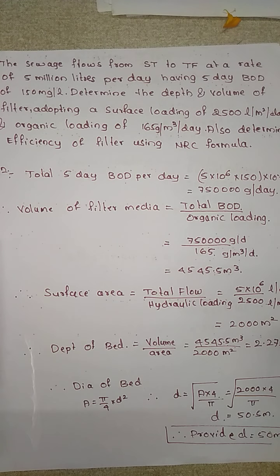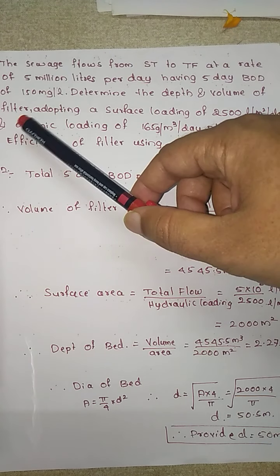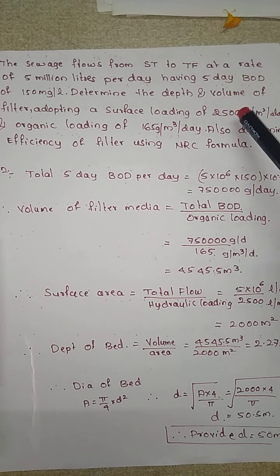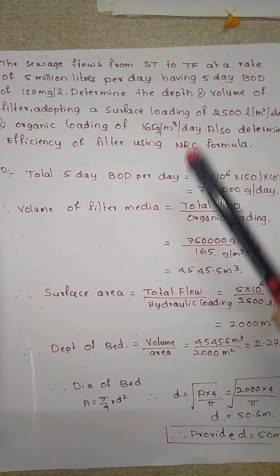Now they have asked you to determine the depth and the volume of the filter, adopting a surface loading rate of around 2500 liter per meter square per day and an organic loading rate of 165 gram per meter cube per day.